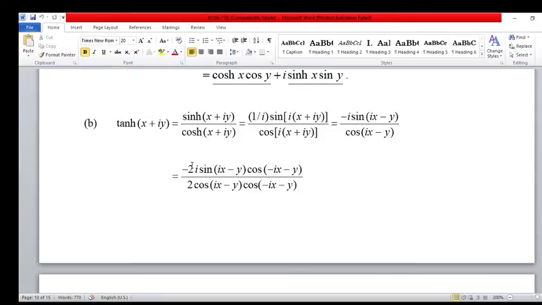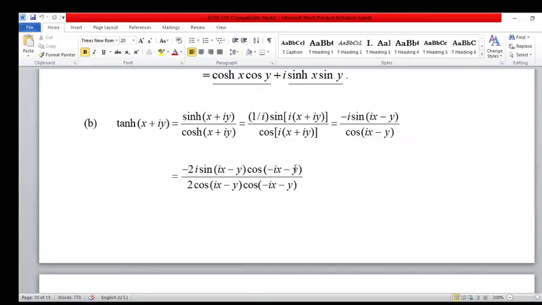So this is minus i, multiplying by 2 and dividing by 2 for rationalization. After rationalization, the numerator is sin of ix minus y multiplied by cos of minus ix minus y, and the denominator is cos of ix minus y multiplied by cos of minus ix minus y.